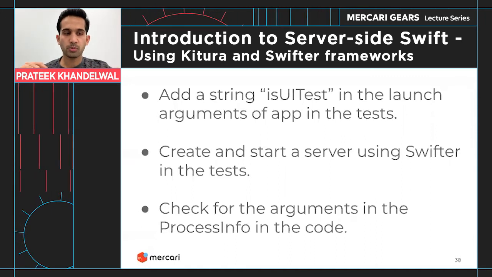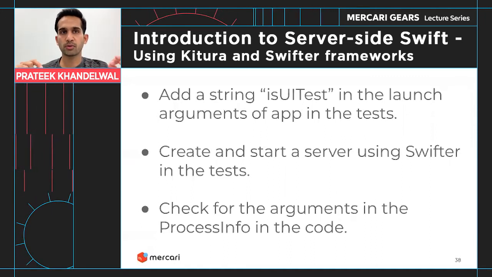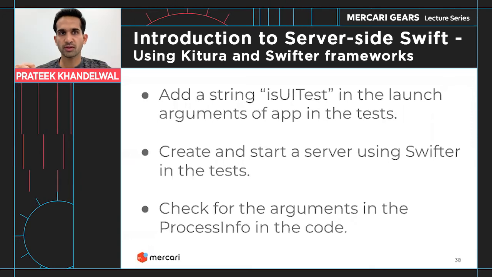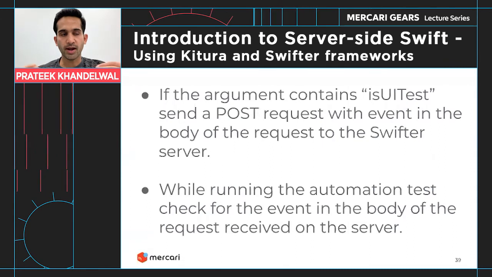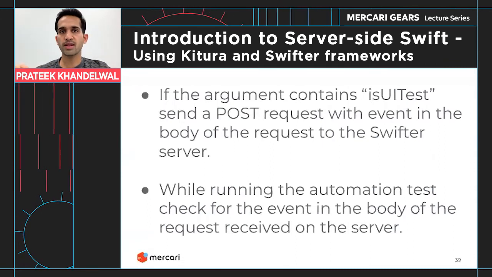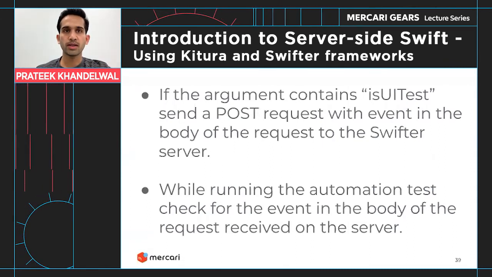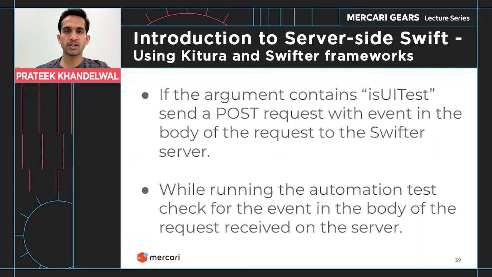So I check in the arguments of the process info whether this is a UI test process. If that argument contains "is UI test", then I know that this is not the app running manually, it's running by an automation test.